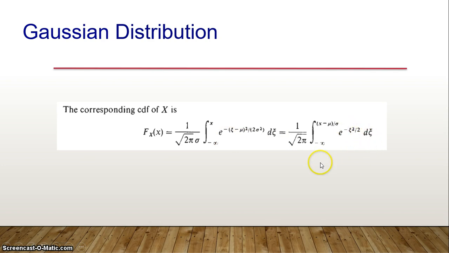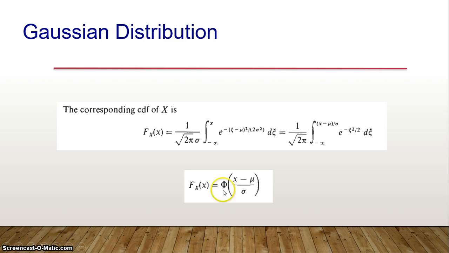It is approximated using an important function called the error function, where phi denotes the error function, or the error complementary function. In the appendix of the textbook you can find a Gaussian table, which is a normal distribution chart.